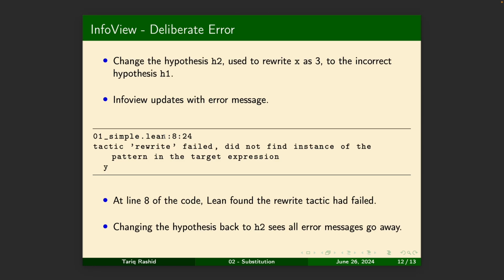We introduced a deliberate error, and we could see that there was a warning printed out in the Infoview. As I had said, Lean is new, Mathlib is relatively new, it's under active development, so sometimes the error messages are not always that helpful, and there is an effort to make them more helpful. But this one was actually quite useful. It's saying tactic rewrite failed, and that was enough to point us to what the problem was.